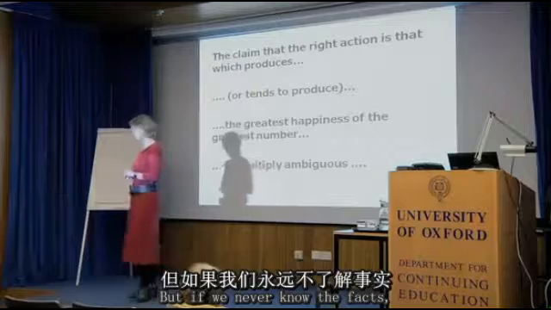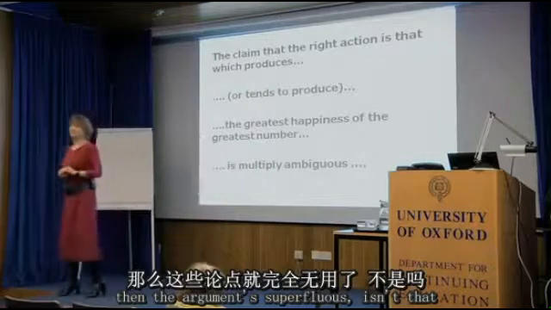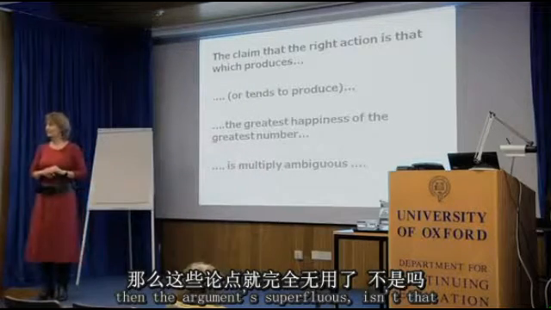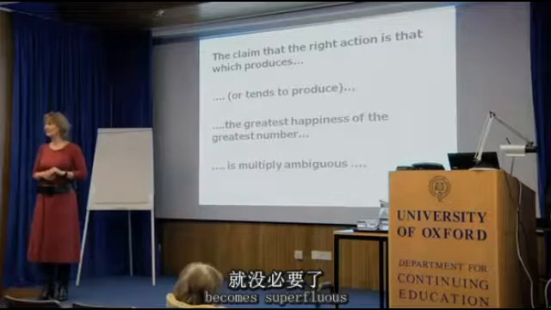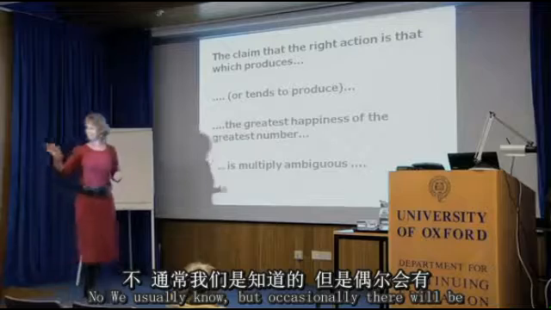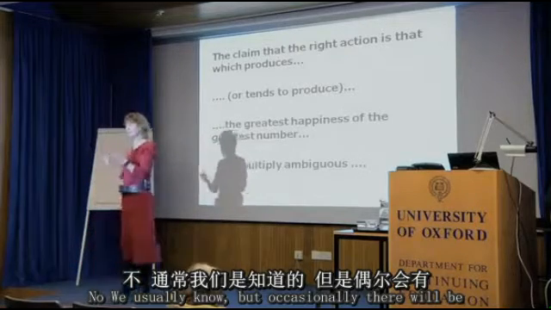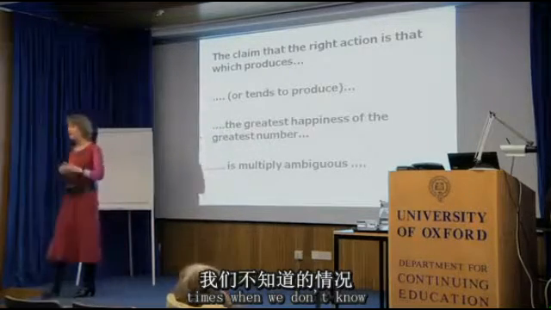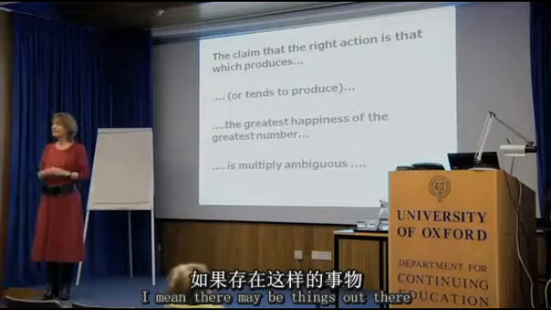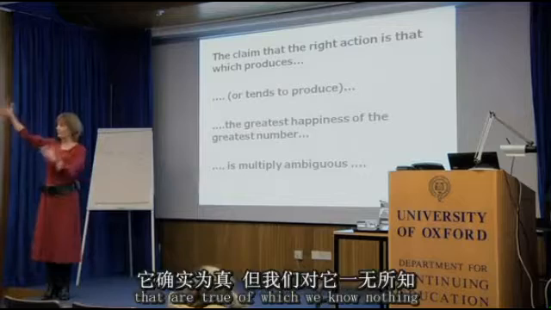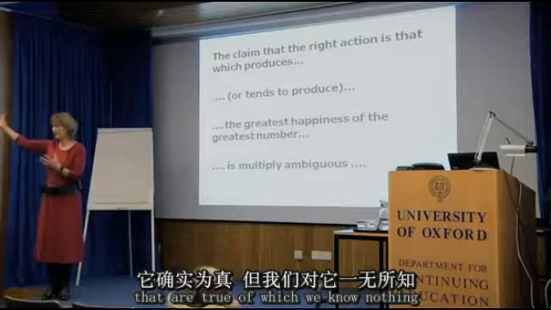But if we never know the fact, then the argument's superfluous, isn't it? The utilitarian argument becomes superfluous. No, we usually know, but occasionally there will be times when we don't know. Does that stop it being true? I mean, there may be things out there that are true of which we know nothing.